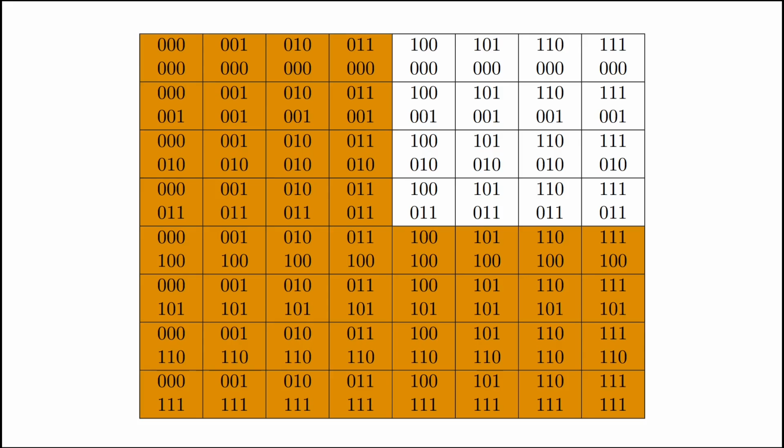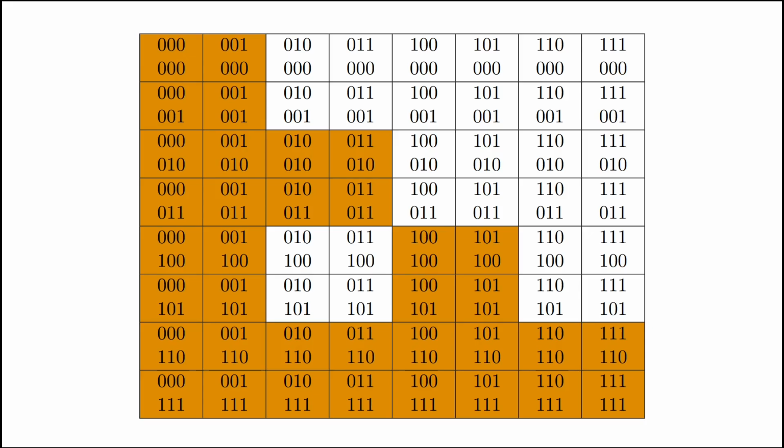And we notice that this divides the region into quarters and removes the top right quarter. Next, let's unhighlight pairs where the second digit of x is 1, but the second digit of y is 0. Again, making x not be a subset of y. This removes the top right quarter of each of the remaining quarters.